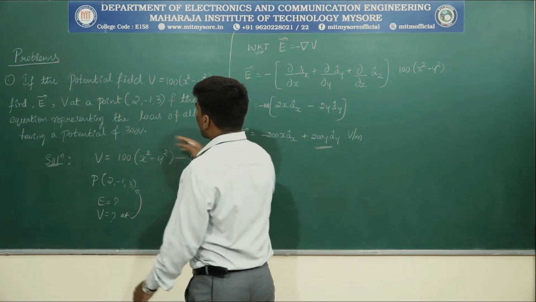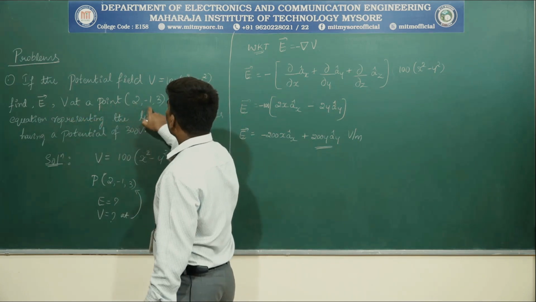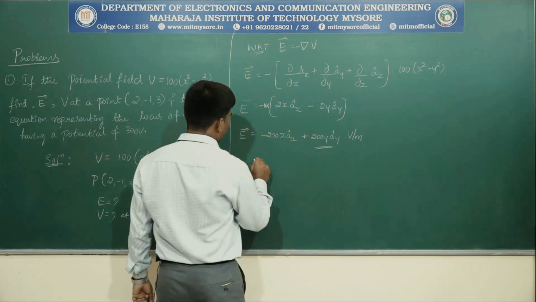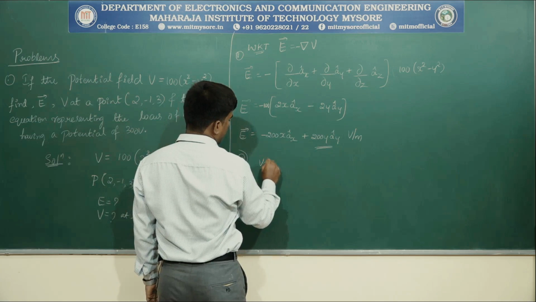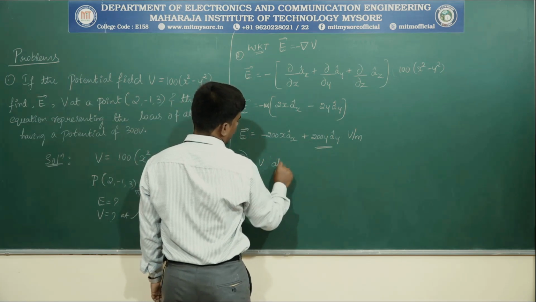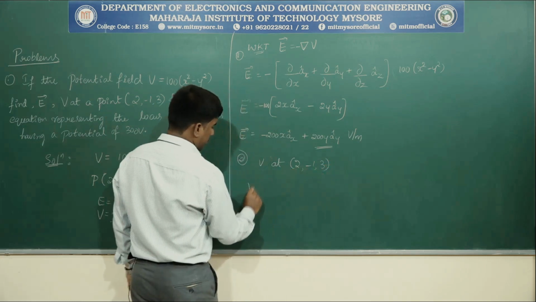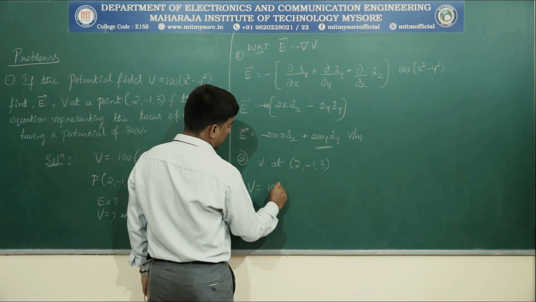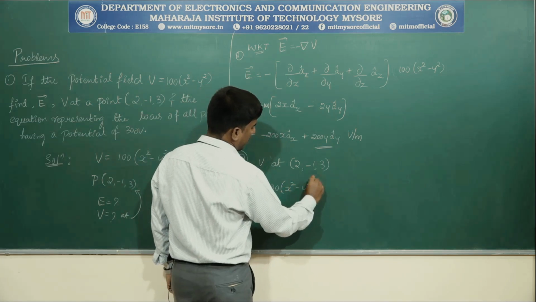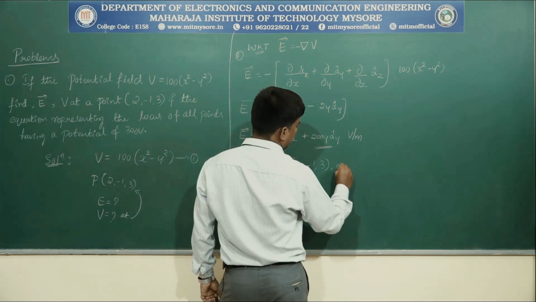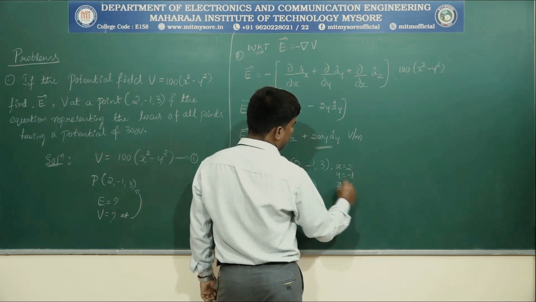Now coming to this second point, V at a point 2, minus 1, 3. This is the first component. V at 2, minus 1, 3. Therefore V is given as 100 times of x square minus y square. According to this, x is equal to 2, y is equal to minus 1, z is equal to 3.